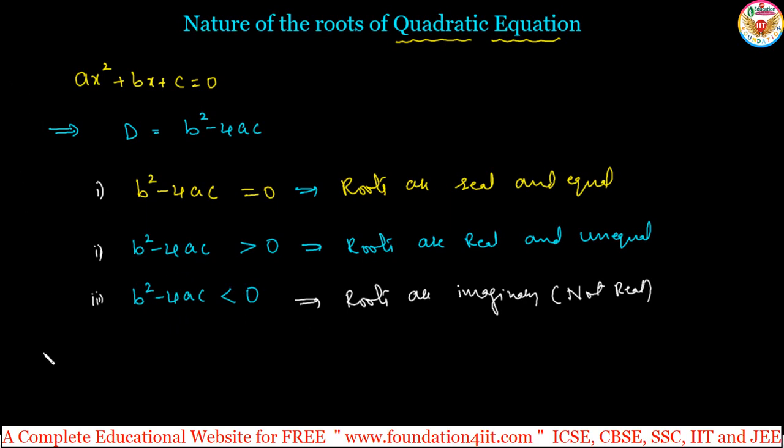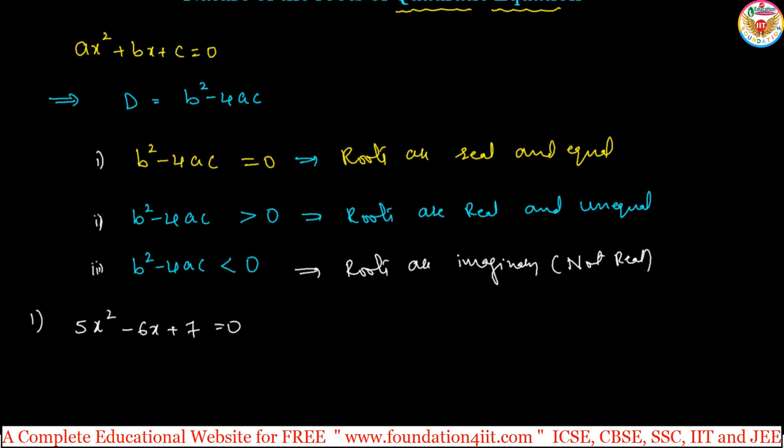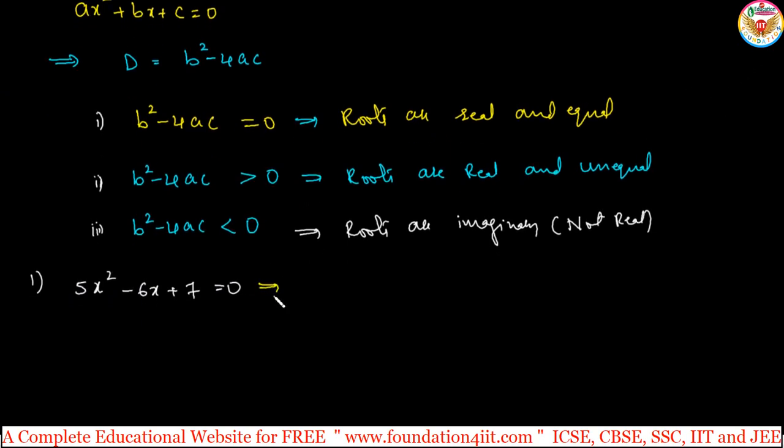Let us see one example. 5x square minus 6x plus 7 is equal to 0. The question is, without solving, examine the nature of the roots of this equation. According to this, a is the x square coefficient, 5, b is the x coefficient, minus 6, and c is the constant, 7.